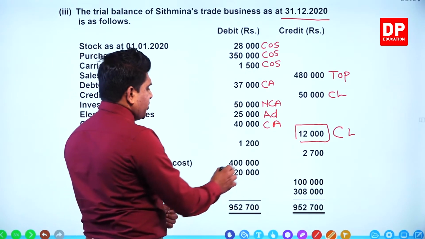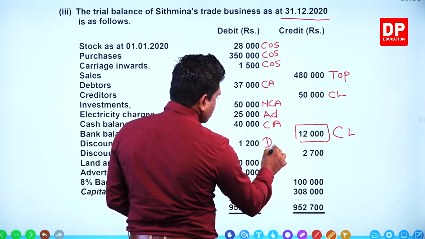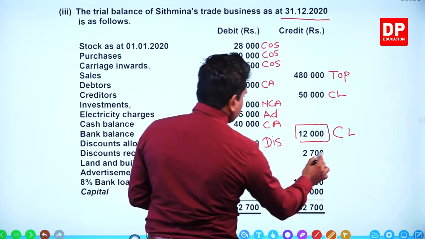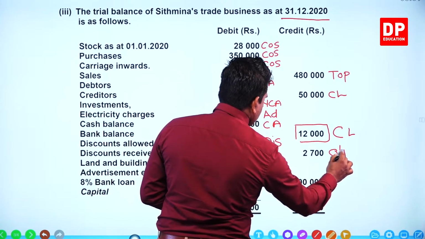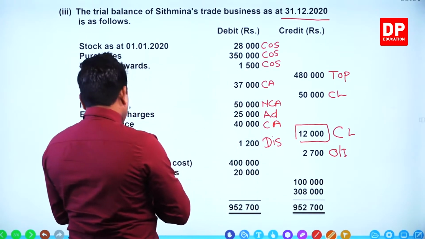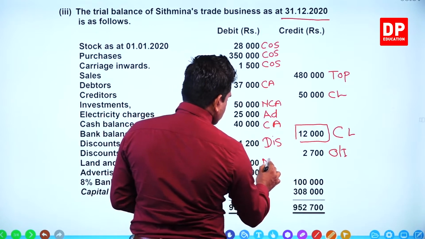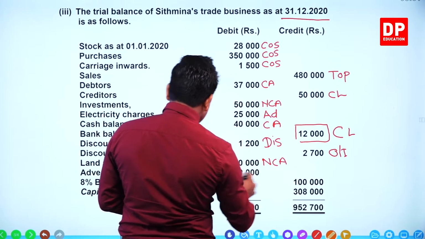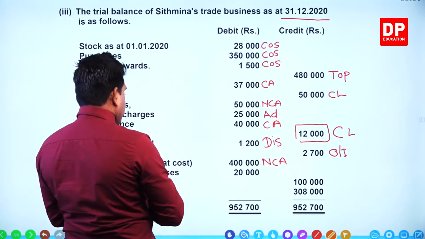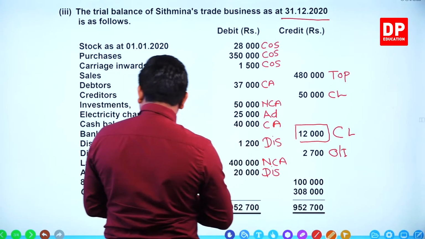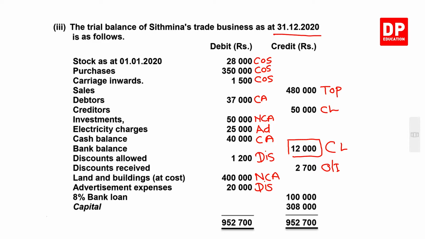Discount allowed, distributing expense. Discount received, other income, OI. Then land and building, non-current assets. Then advertisement expenses, distributing. 8% bank loan, non-current liability.